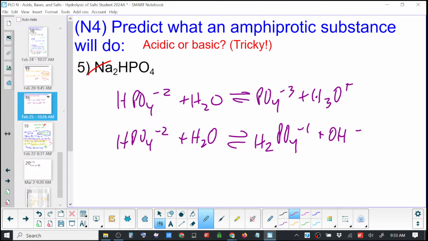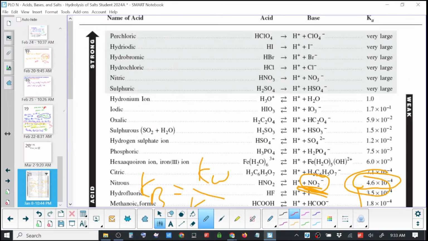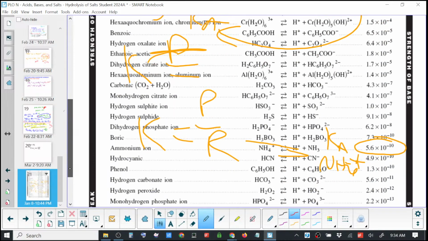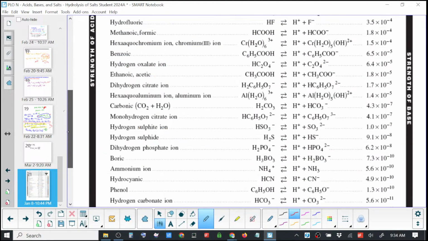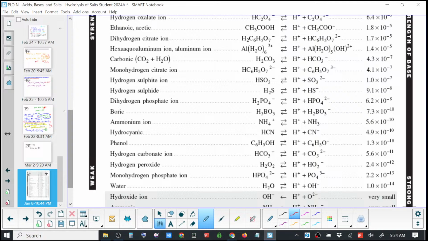So for this one, you look up the Ka. HPO4 is 6.2 times 10 to the minus 8. Focus.